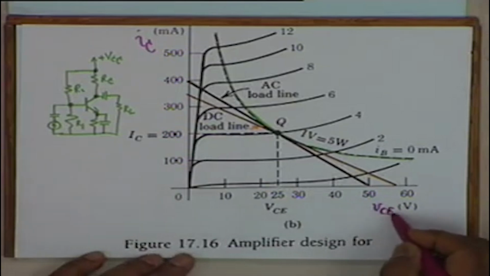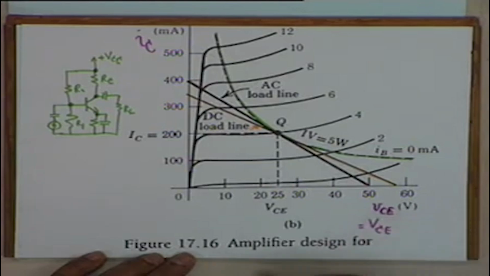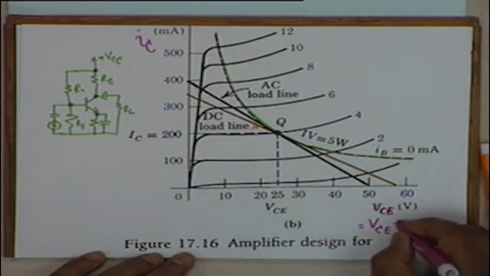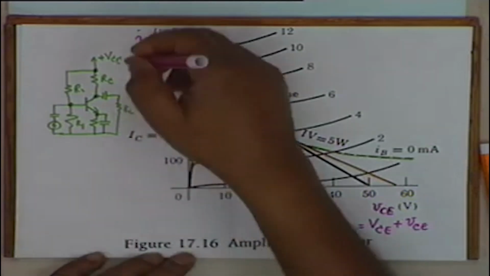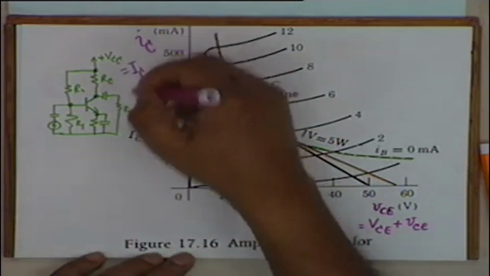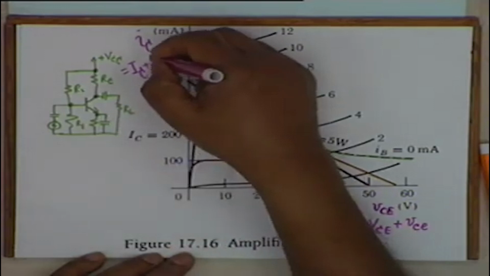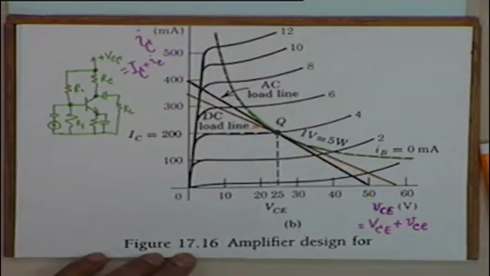Similarly, small v_CE is the sum of capital V_CE, that is DC, plus any AC. AC will be denoted by small v subscript small c small e. Similarly, i_C is capital I_C plus small i_c.